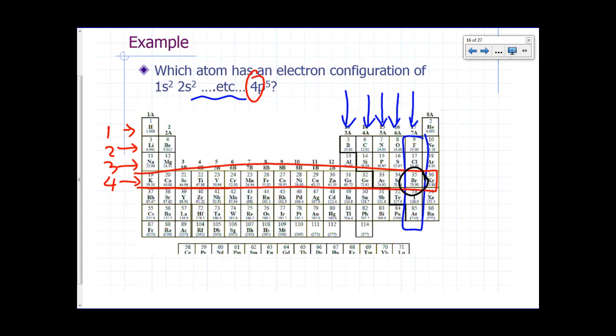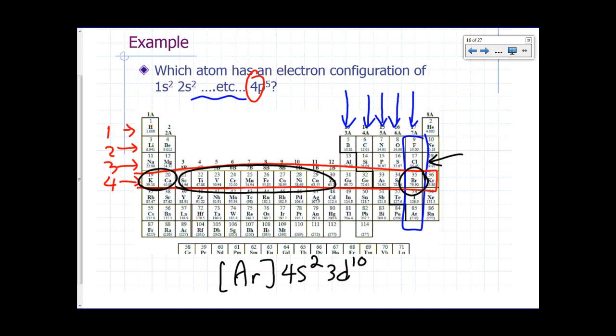Okay, if you want to write that completely, you would say it's got an argon core, the noble gas before it, and then followed by 4s. So you can put 2 in the 4s, and then followed by 3d. You can put 10 in the 3d subshell, and then 4p5. Okay, let's count the electrons there.